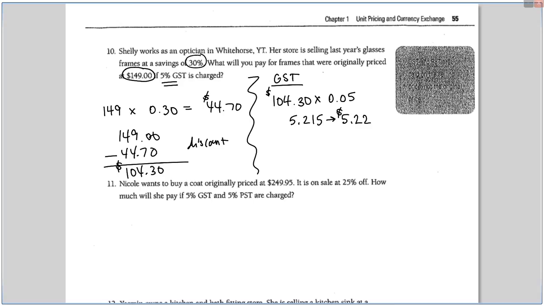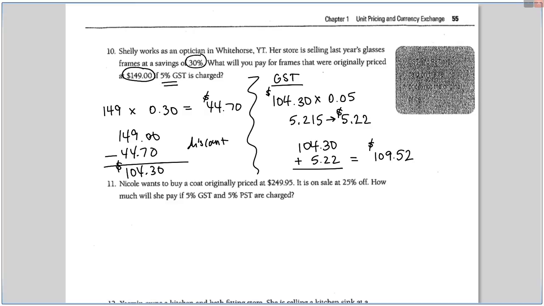And remember, with GST, like a sales tax, you have to add it on. So you would pay 109.52.